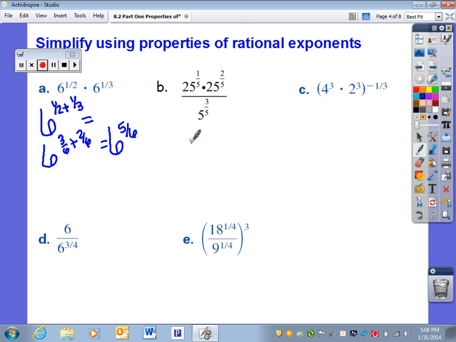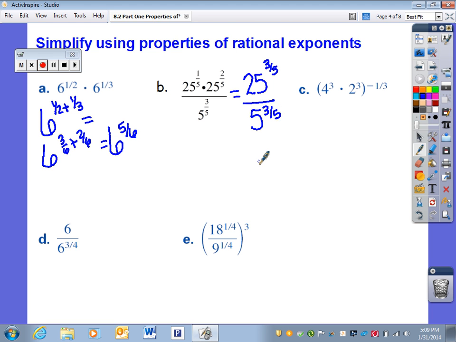Now in the next example, we have 25 to the 1/5 and 25 to the 2/5 in the numerator. So we're going to keep the base, and we are going to add the exponents together, which is going to give us 3/5. And in the denominator, I have 5 to the 3/5 power.